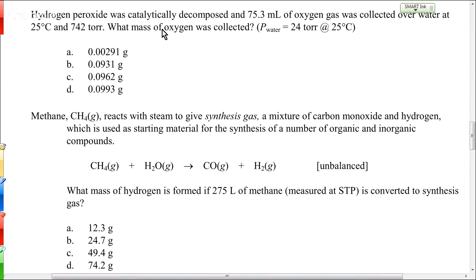Well, what do you think? The total pressure is oxygen and water. So if you want to know what mass of oxygen, yes, subtract the water pressure. You just subtract that out first.